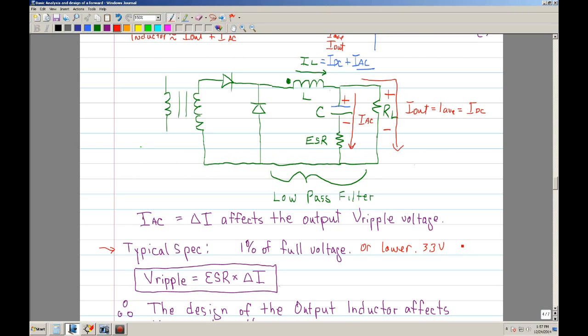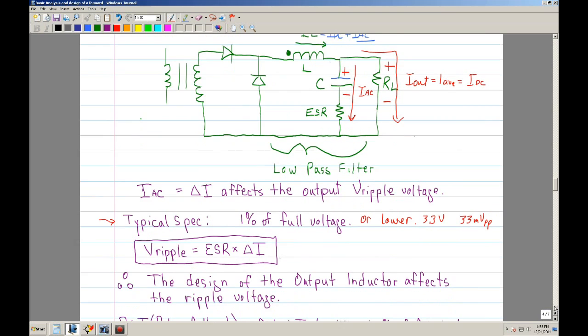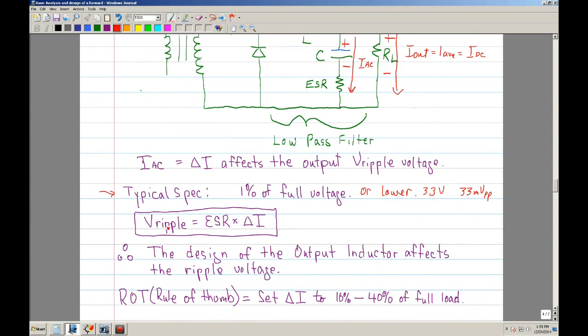So 1% means that I will be designing for 33 millivolts of ripple, peak to peak.